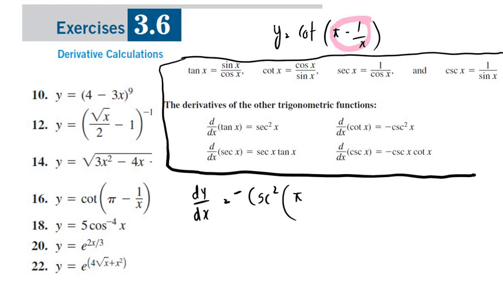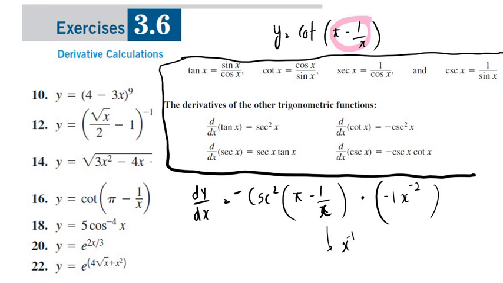This is some important information here. What cot x is: cot x is cos over sine. The derivative is minus secant squared.